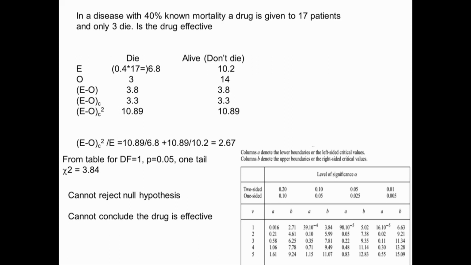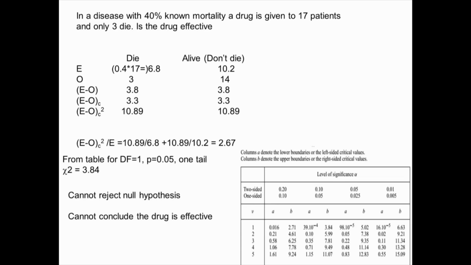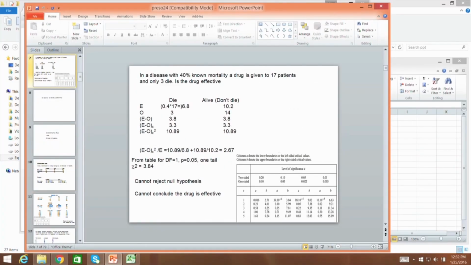Okay, of course we can do the same calculation using Excel or GraphPad also, right. If you remember, we can do it by Excel also or in GraphPad also. Let us try to do it in Excel first, okay.